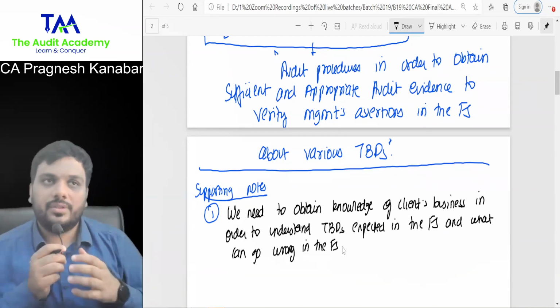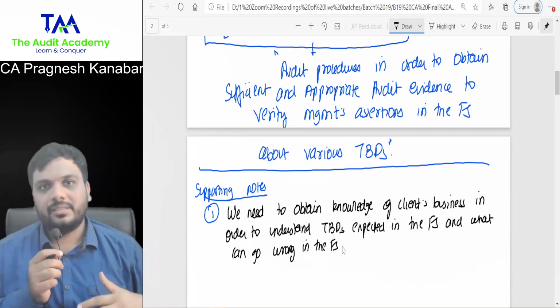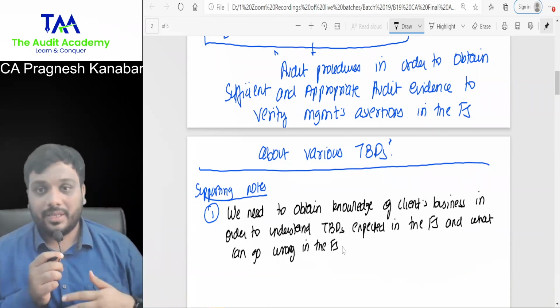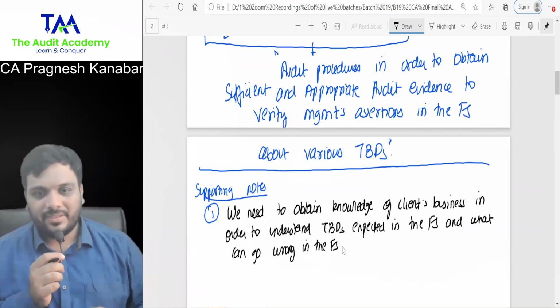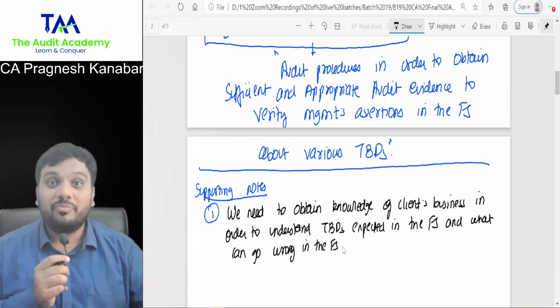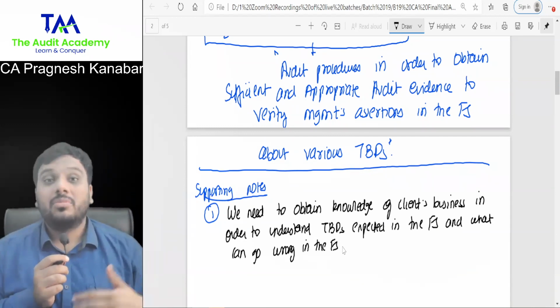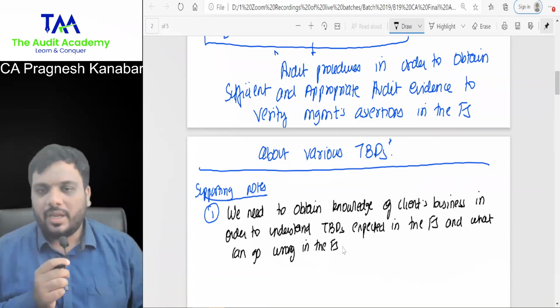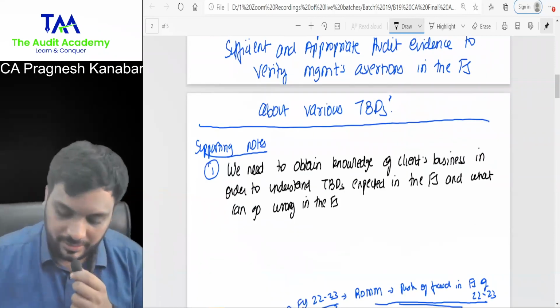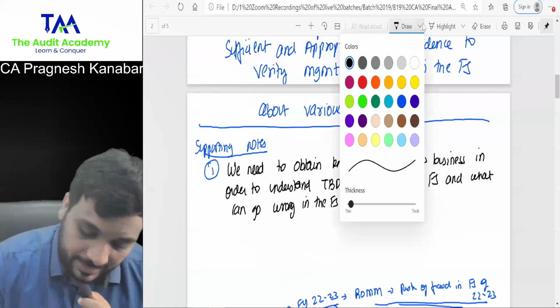We understand these two things. Like, for example, DMart. I can understand that, okay, we can expect inventory. We can expect various segment sales, cash sales mostly. And because there is a high cash turnover, there is a chance of misappropriation of cash, misappropriation of inventory. So I can understand that TBD is expected in the financial statements and what can go wrong in the financial statements.